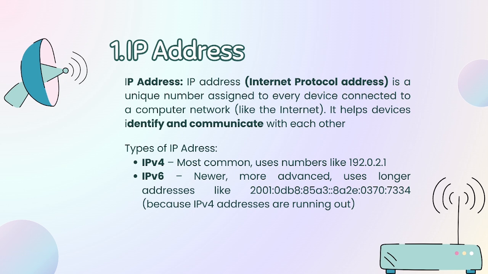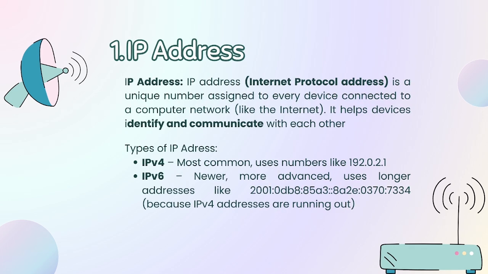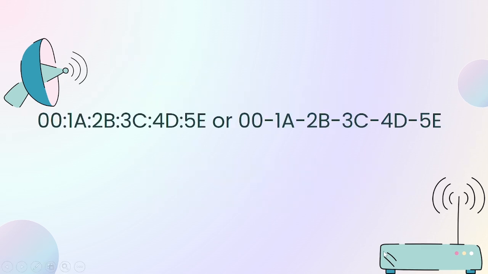In the types of IP address, we have IPv4, which is the most common and uses numbers like 192.0.2.1, which shows the class of the IP address. We also have IPv6, which is newer and more advanced. It uses longer addresses like this one.